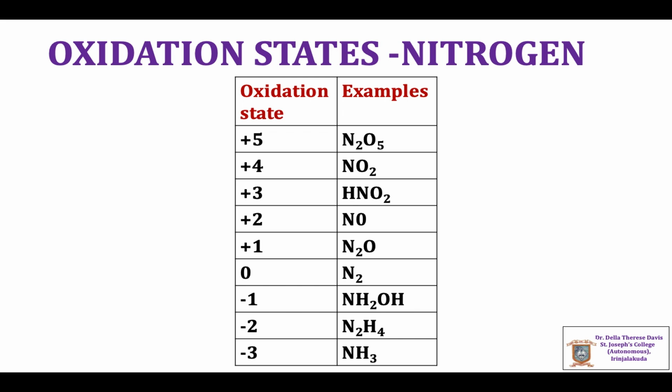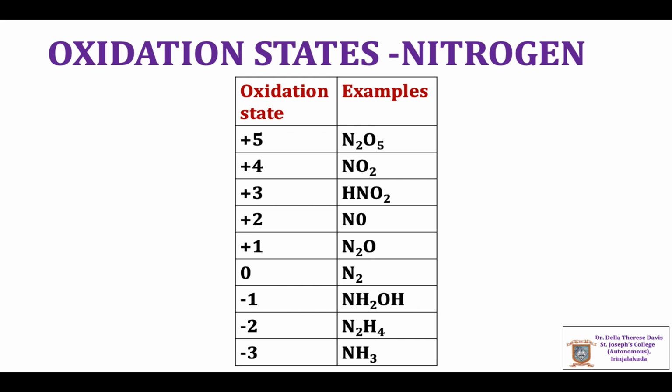Nitrogen shows various oxidation states from +5 to -3. When combined with an electronegative element, it shows positive oxidation states, and when nitrogen is combined with an electropositive element, it shows negative oxidation states. For example, in nitrogen oxides, nitrogen shows positive oxidation states.